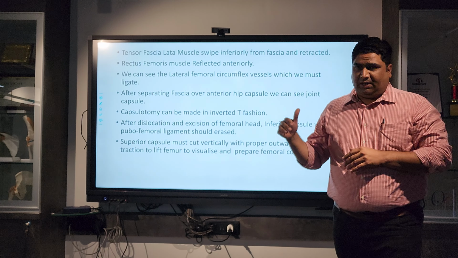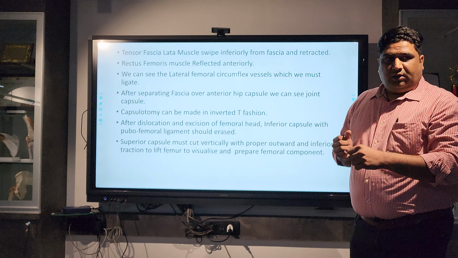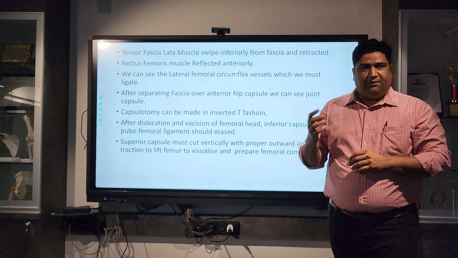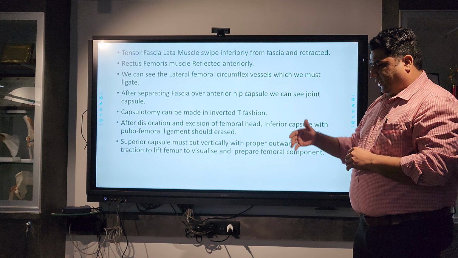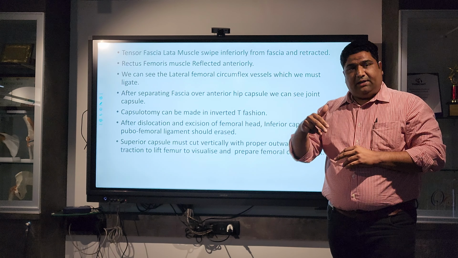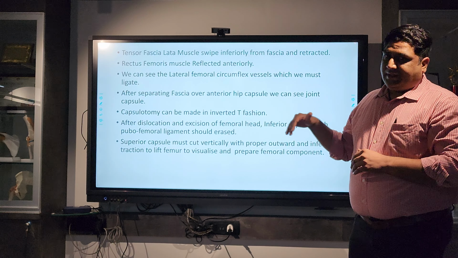Before cutting the femoral head or delivering it, we should do the dislocation. After cutting the femoral head, you can easily deliver it. After cutting the femoral head, the inferior capsule, the pubofemoral ligament, is attached. It must be divided, and then you go for the superior capsule.